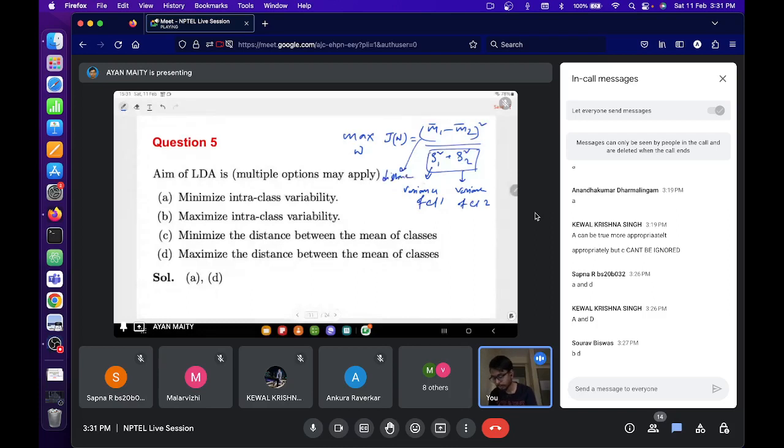So if we maximize this J(W), the numerator is maximized and the denominator is minimized, so we are maximizing the distance between the means of the classes and minimizing the intra-class variability. So A and D are the right answers here.